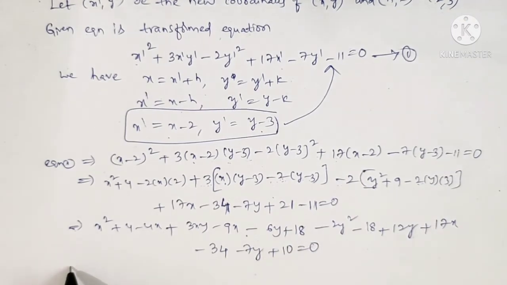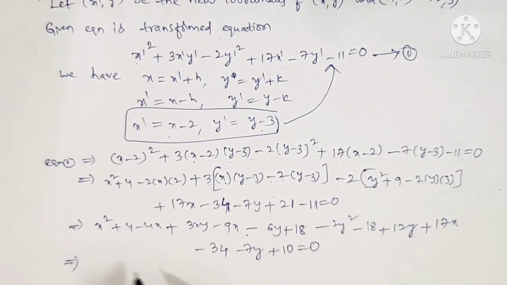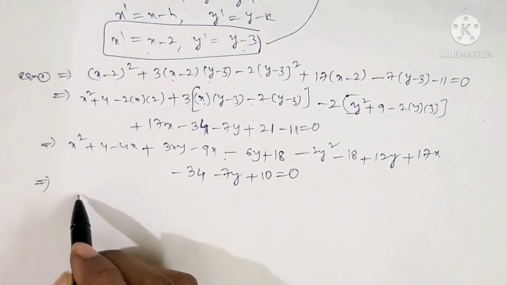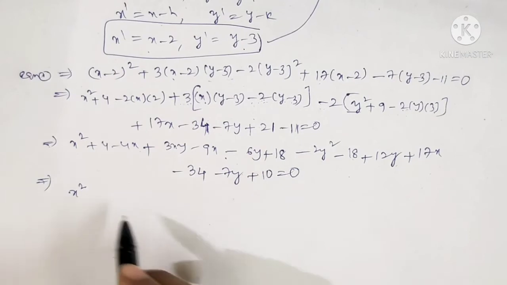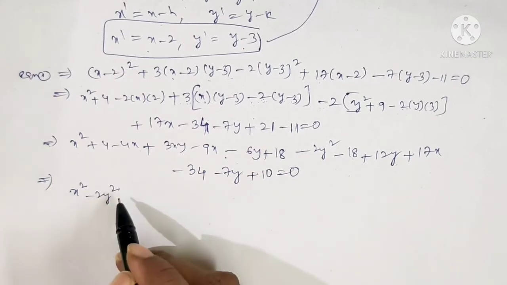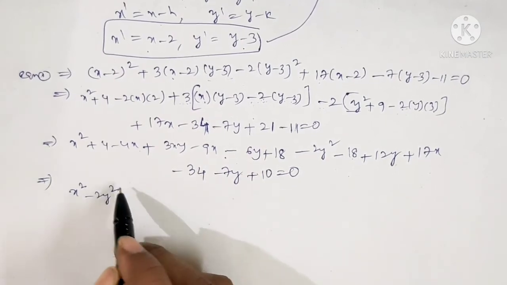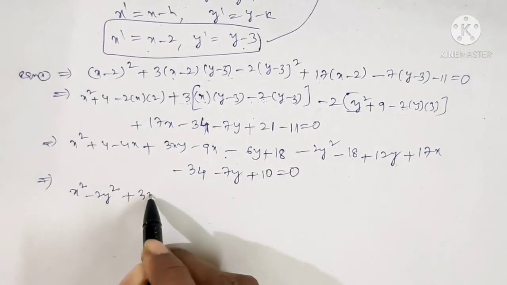Now we have to simplify. Any x square terms here? Here x square term, x square. Next y square terms, minus 2y square alone. Next xy terms, plus 3xy.